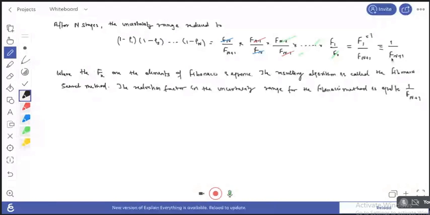Now, let us take the same problem that we already solved with the golden section search method and try to find a solution with this method.